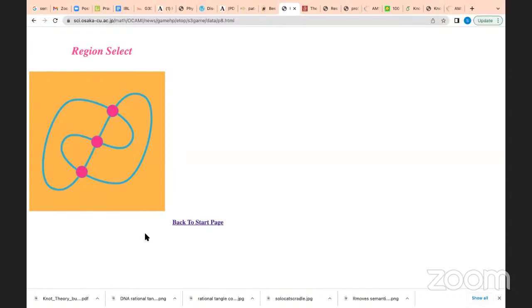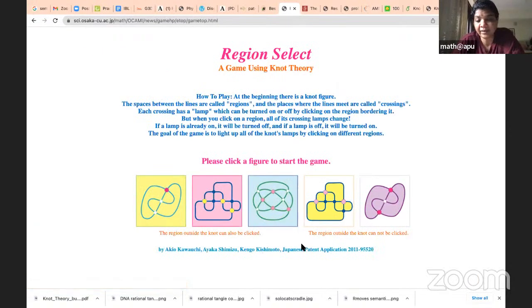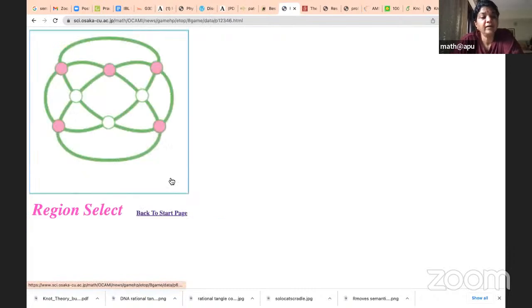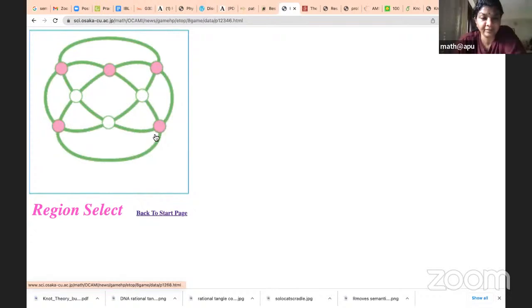Can you repeat what exactly we're doing in this game? Yes, the rules are the following. This is a diagram with crossings. In this case, all three crossings are pink in color. If I go to some other diagram, you can see there are 8 crossings and 2 colors, either white or pink.